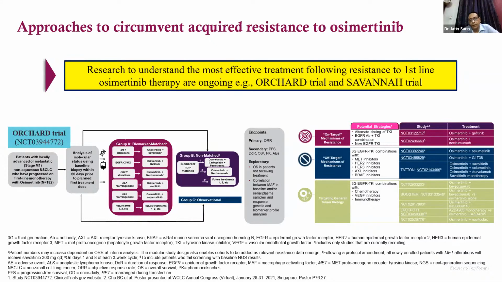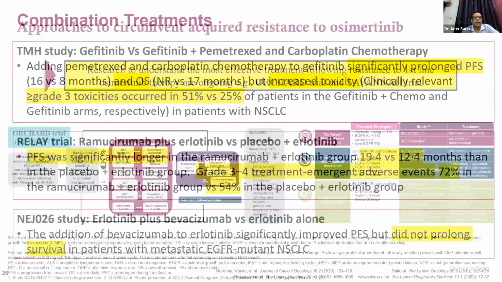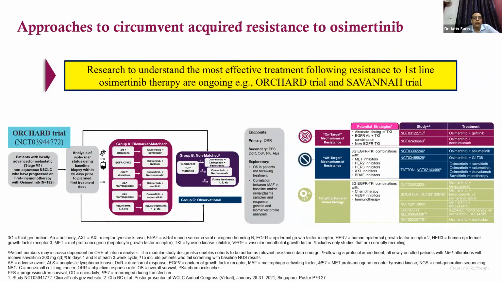So various studies are coming up, like the ORCHARD trial, and then you have the CHRYSALIS trial, which was reported recently at ASCO. The combination of amivantamab and lazertinib post osimertinib or chemotherapy progression. So the field is actually evolving, leading to much more increase in the overall survival of these EGFR mutant patients.